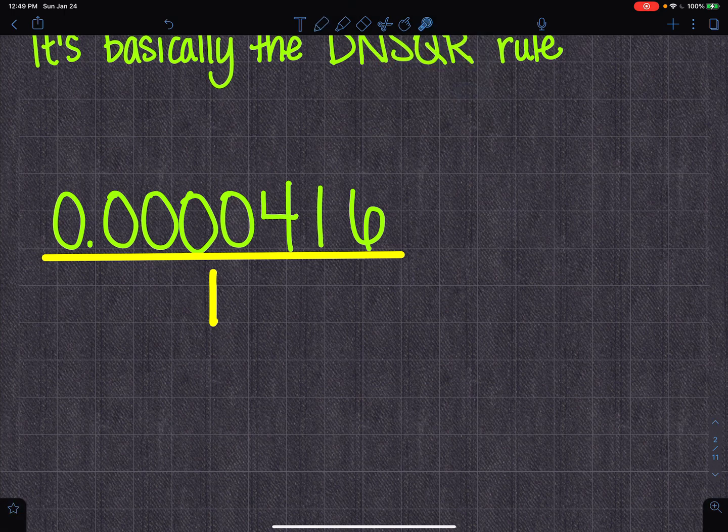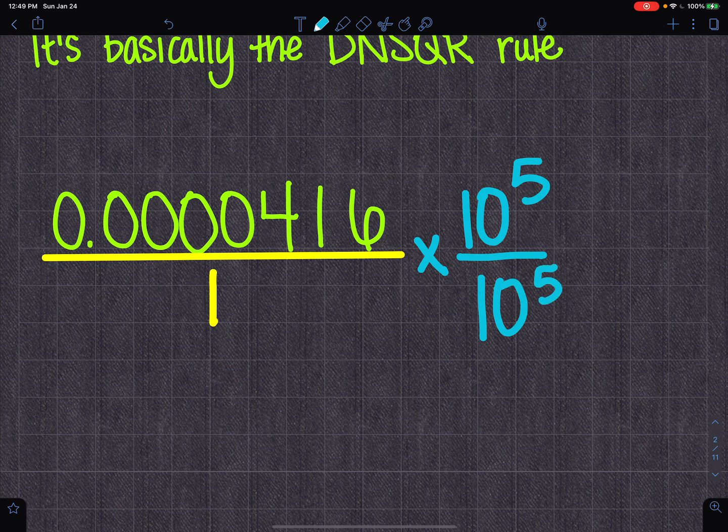I'm going to look at the decimal, it's here, and I want to move it 1, 2, 3, 4, 5. So I want to move it 5 places. So I'm going to multiply the top by 10 to the 5th, and the bottom times 10 to the 5th. That way I don't change the value of the fraction, I don't change the value of that number at all.